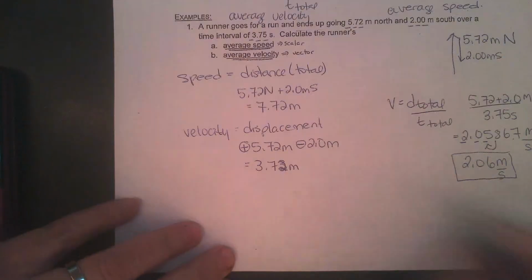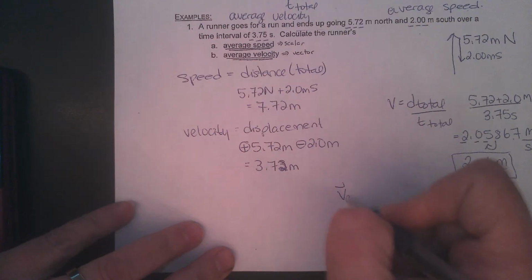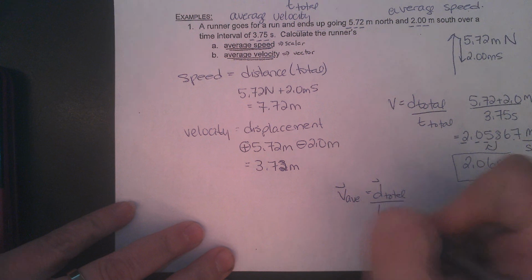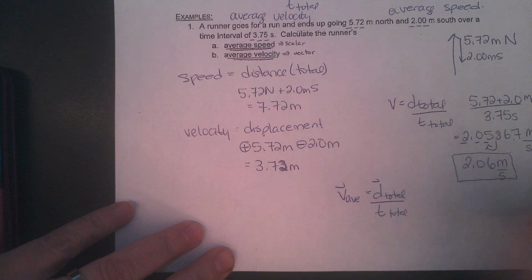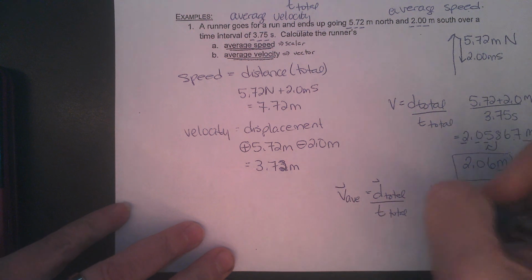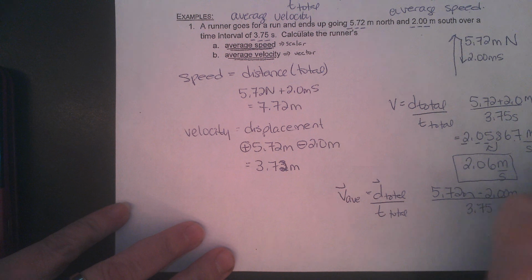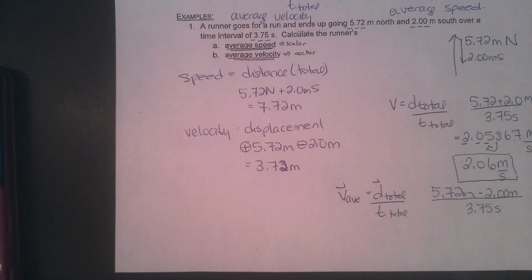If I look at velocity, average velocity is equal to displacement total over time total. I'm going to have 5.72 meters minus 2.0 meters, because this one went north, this one went south, all divided by 3.75 seconds, because that's the total time it took.